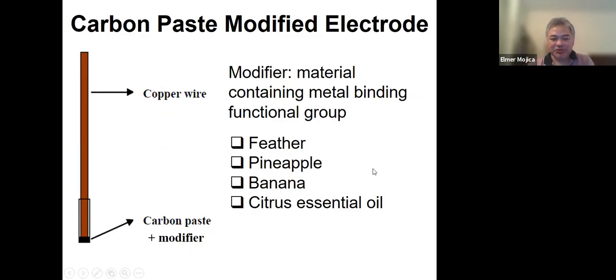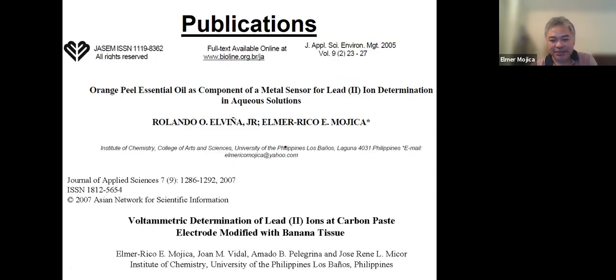That's why one of them used this what we call papaya. Oh, no, banana. Because banana has what usually happen if you expose banana for a while, di ba nagba-brown siya? So that means it has some enzymes that contains there. Okay, so we're taking advantage of the binding of protein-based material with the metal.